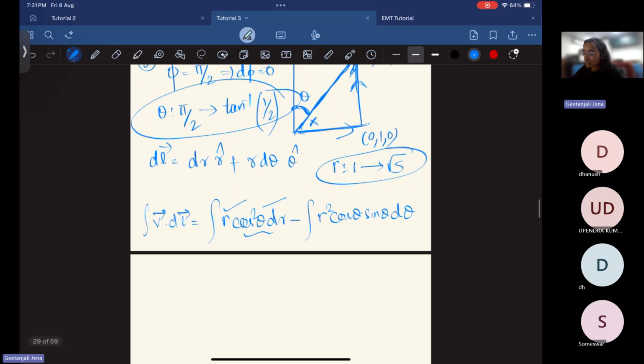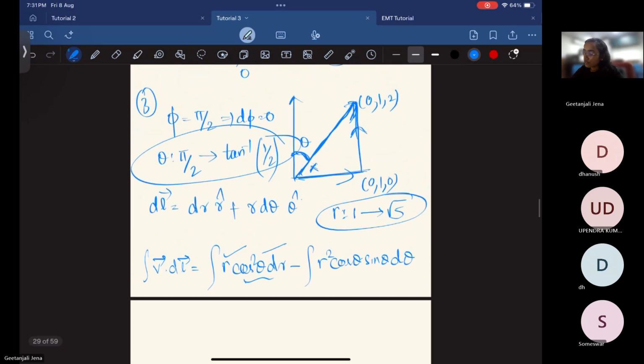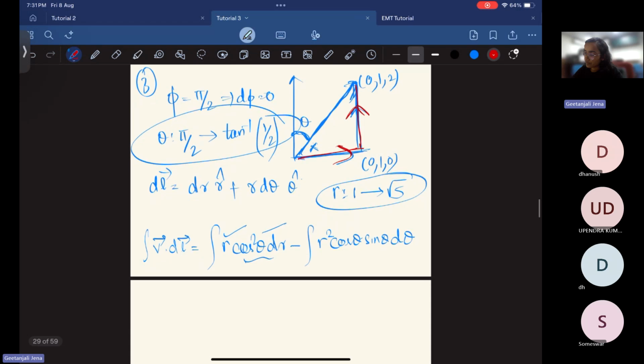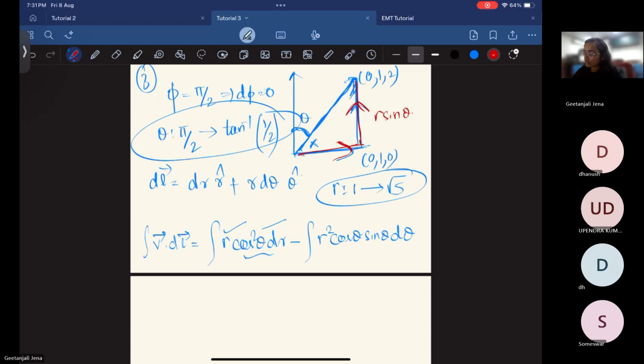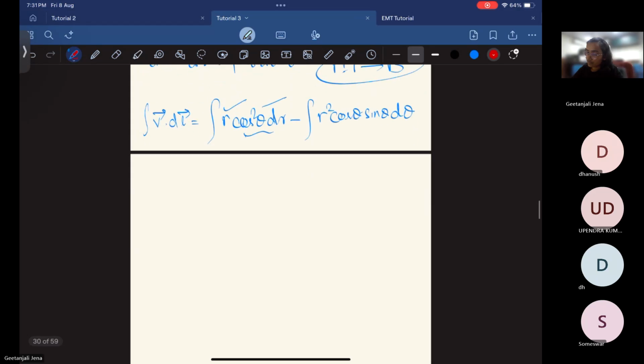To find the relation, you can see for this path, this value, which is r sine theta, is 1. So r sine theta is 1, and r is 1 by sine theta.